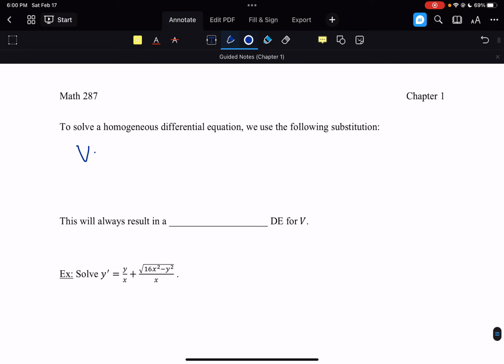We have v equals y over x, or alternatively written as y equals x times v. We'll see them both used in different cases, which gives us y prime. If we apply the product rule to this, we get x times v prime plus v. Technically v times 1, because that's the derivative of the x, is 1.